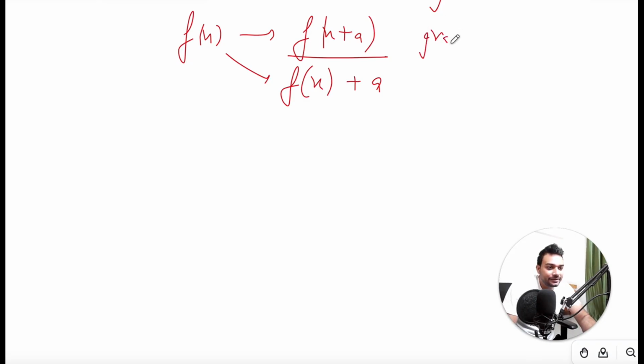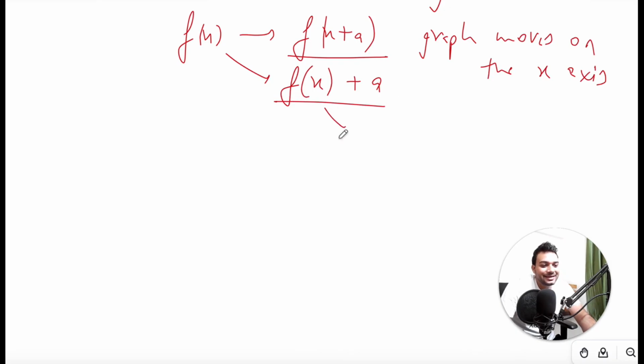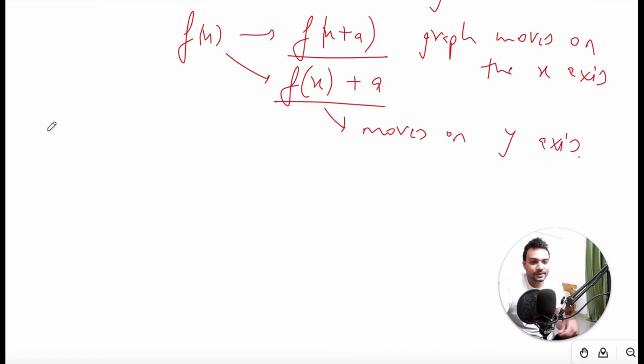So I can write here, graph moves on the x-axis. Now in this case, it'll be pretty obvious, since in the input level it was moving on the x-axis, now it'll move on the y-axis, moves on y-axis. This is simpler than the other ones.